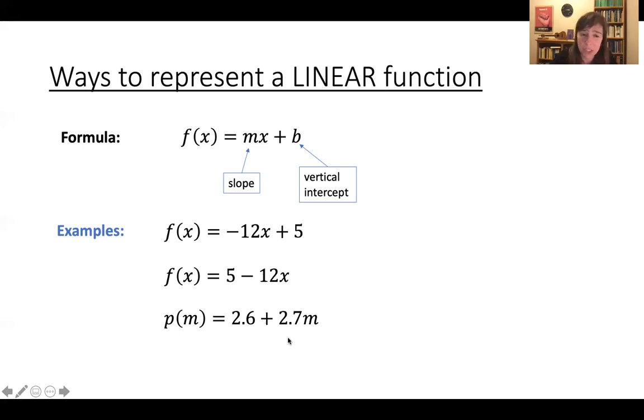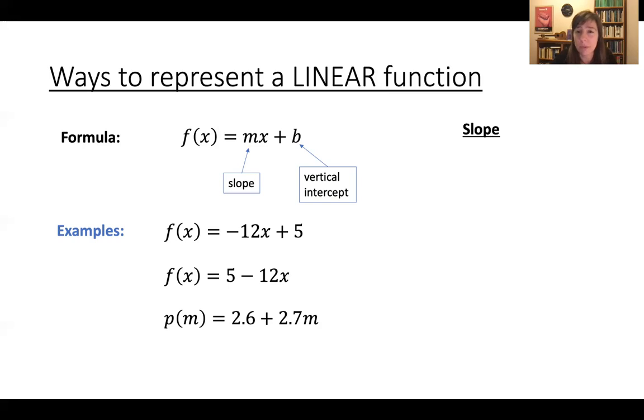This function came from our previous chapter. We were talking about the price of a taxi ride after m miles. And so here our variable is m. This m here is our variable, it's not our slope. So our slope is 2.7 and our y-intercept is 2.6 in this example.